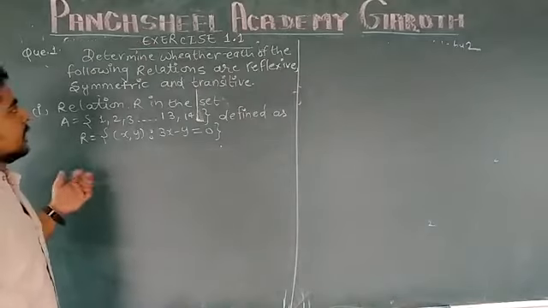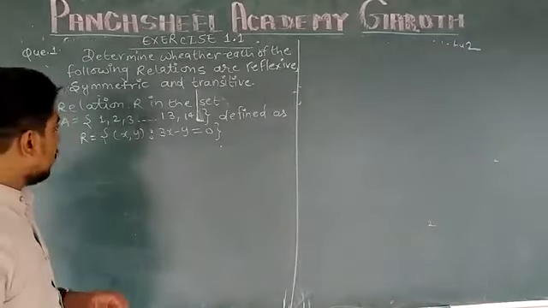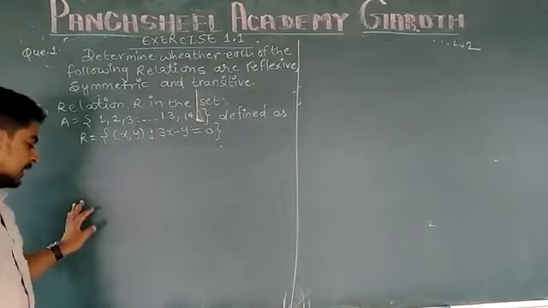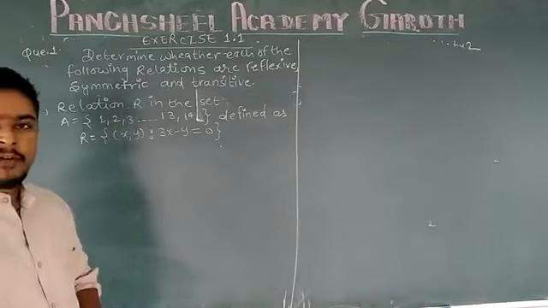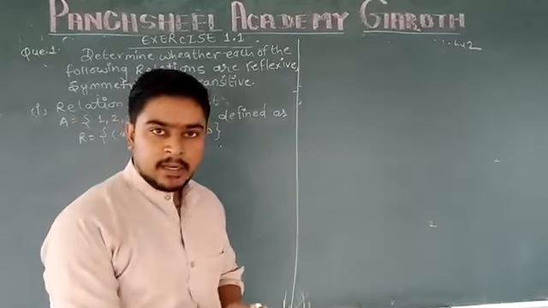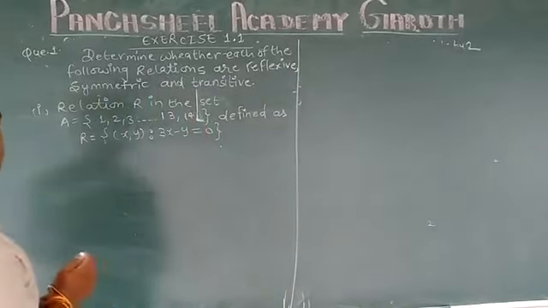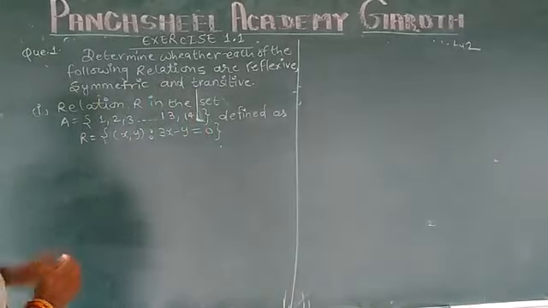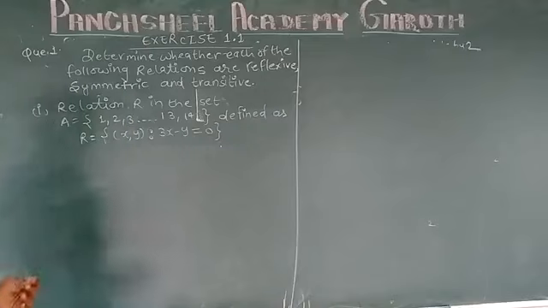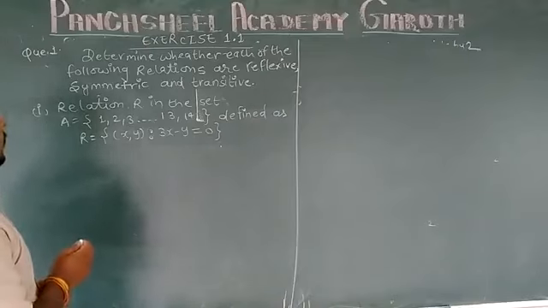Now we will come to exercise 1.1 of NCERT, chapter number 1, Relations and Functions. We will solve question number 1. In question number 1, the question is: determine whether each of the following relations is reflexive, symmetric, and transitive.